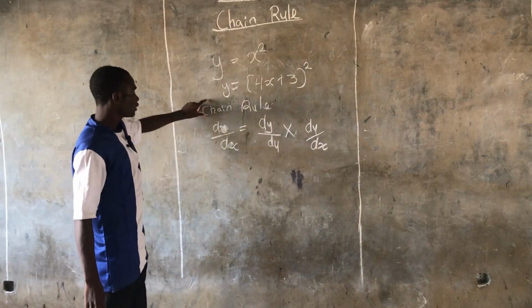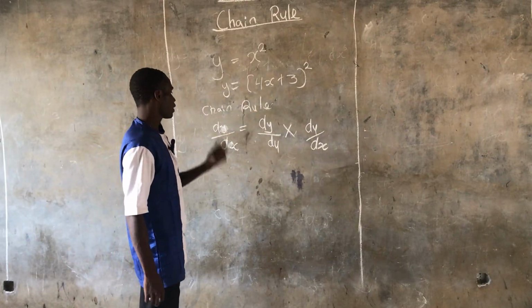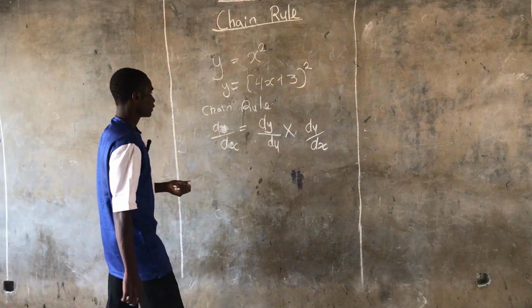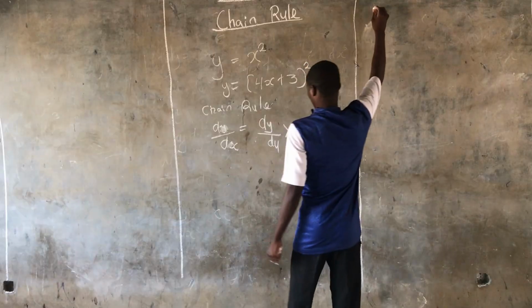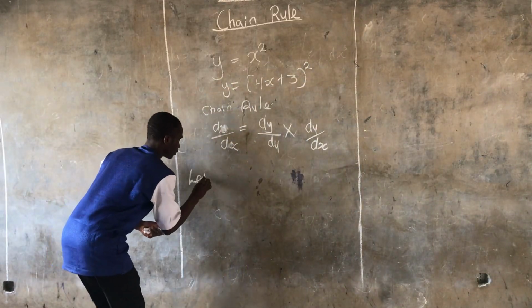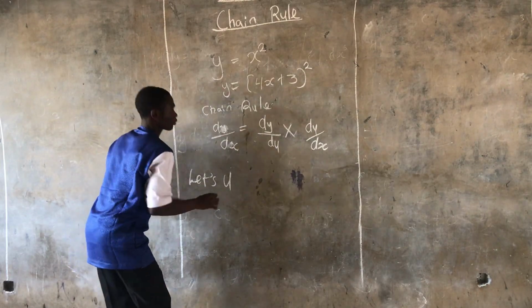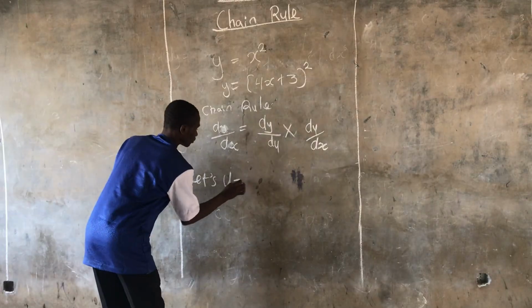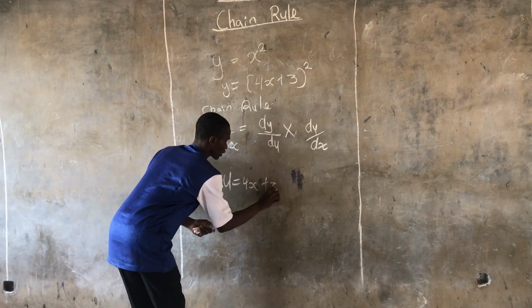So using this rule to solve this question, let u be 4x plus 3.